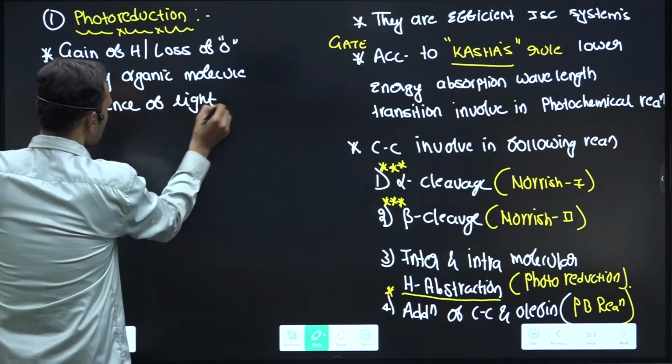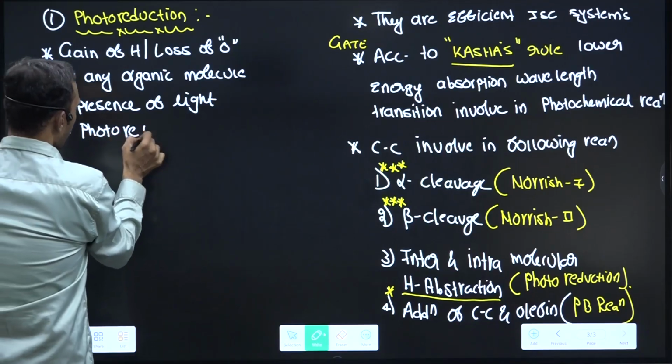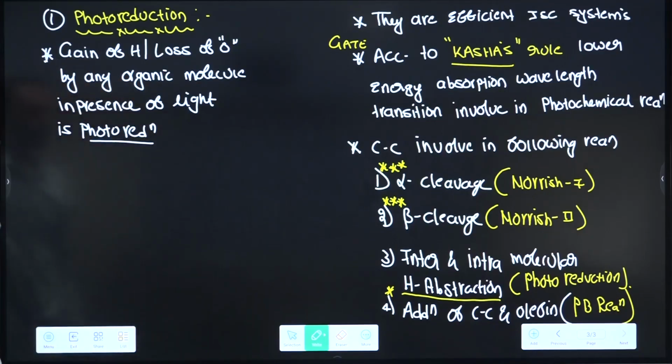Gain of hydrogen or loss of oxygen by any organic molecule in presence of light is photo reduction.